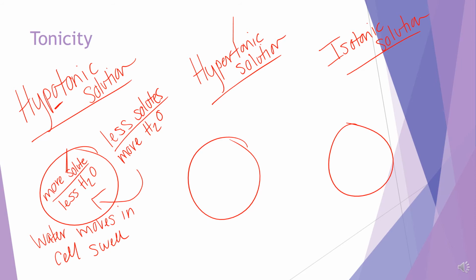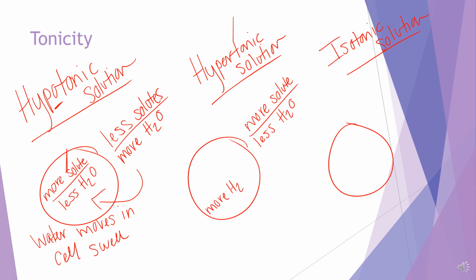In a hypertonic solution, we have the opposite. This is like salt water, basically. It's going to be very high concentrations of salt in the water, or some other type of solute, glucose maybe. So you're going to have more solute and less water in the solution surrounding the cell. And inside the cell, you're going to have the opposite.